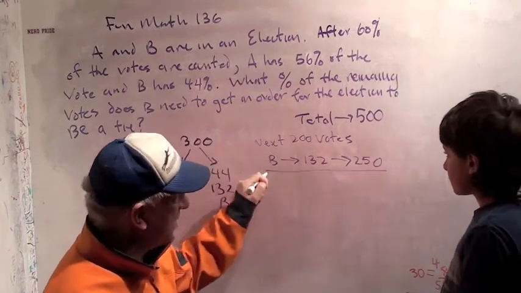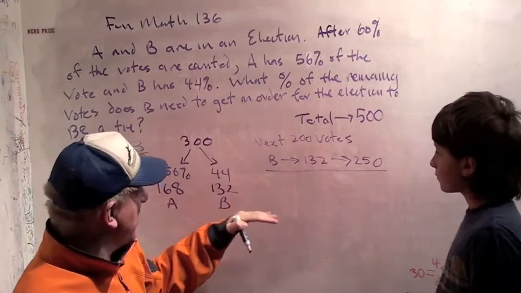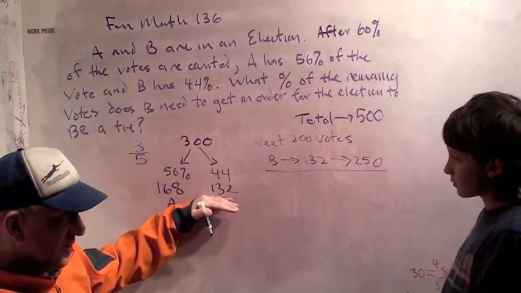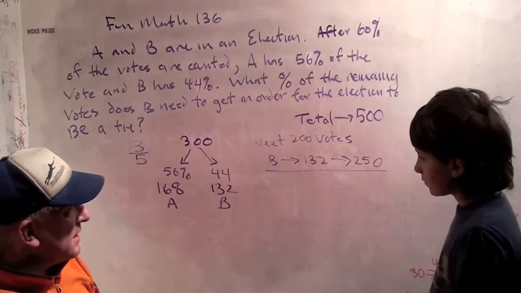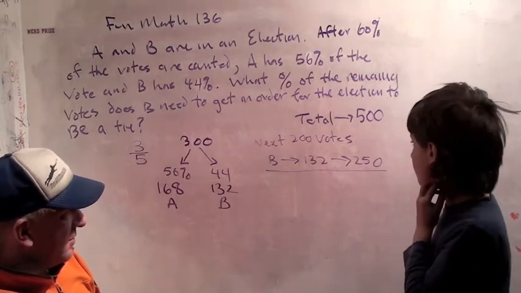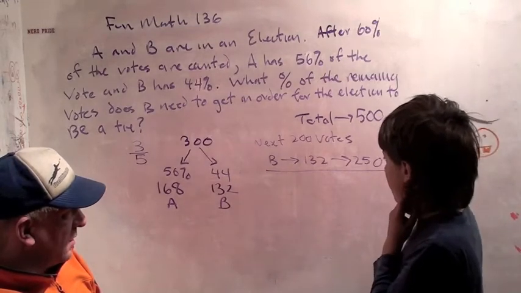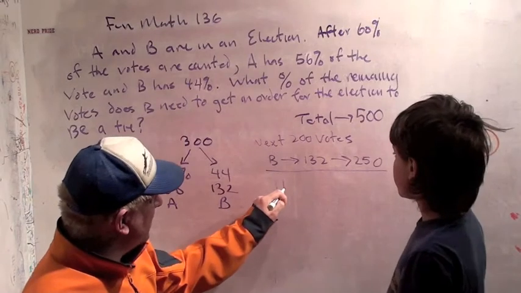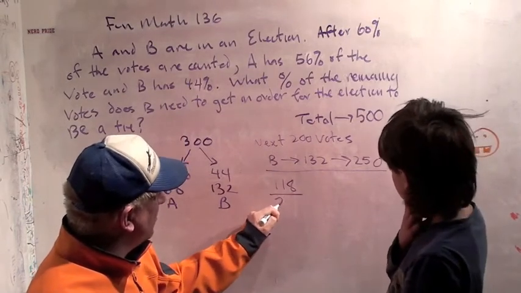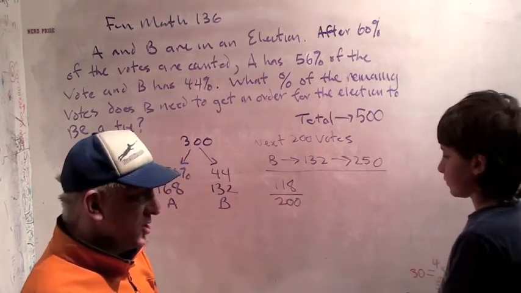That's what has to happen for the election to be a tie. B has 132 votes right now and needs to get up to 250. So how many votes does B need? 118. So B needs 118 out of the next 200 votes for the election to be a tie.